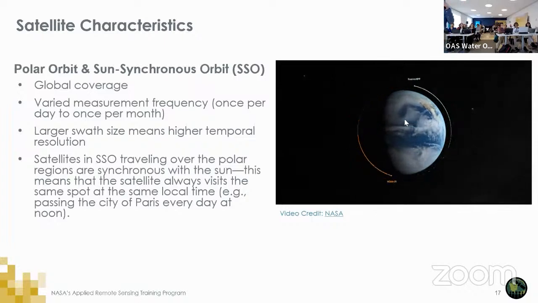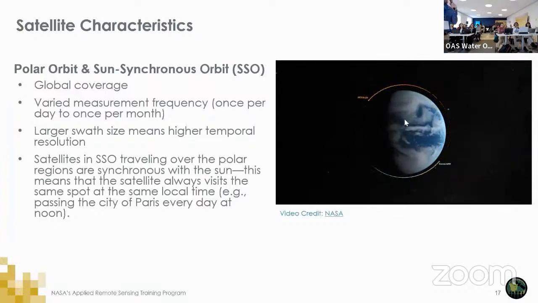It doesn't have to go directly over the poles, as long as you understand that that is its general orbit. The benefit is that it captures global data, and depending on how big the swath is, you can be collecting data daily for a global view, or it could be more than that.